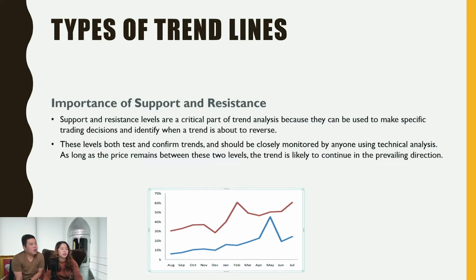These levels both test and confirm trends and should be closely monitored by anyone using technical analysis. As long as the price remains between these two levels, the trend is likely to continue in the prevailing direction. So it's like bowling. We just can't get it into the gutter. As long as it's in the lane, it's fine.